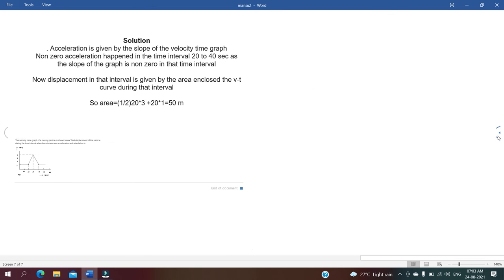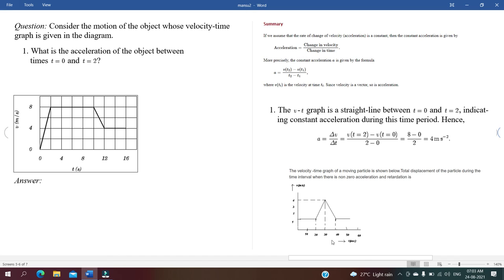Or in another way, we can also find out the area under this ABC curve by breaking it into one triangle and one rectangle. First find out the area of this triangle, half base into height, then find out the area of this rectangle.